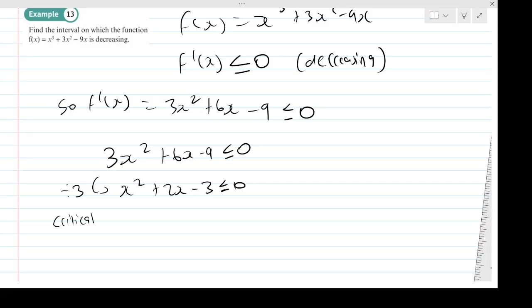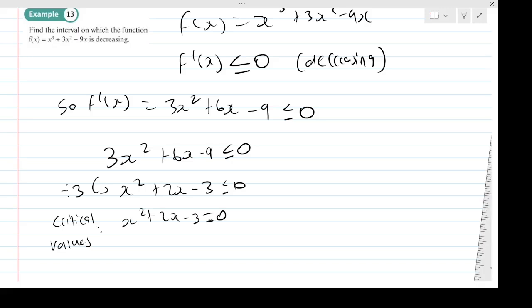Because remember, I want to sketch this quadratic. So for my critical values, I need to solve it as if it was an equation. Obviously we've got an inequality, but let's pretend we're solving x squared add 2x minus 3 equals 0.